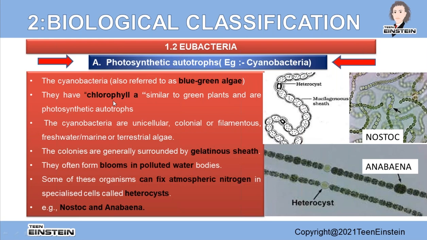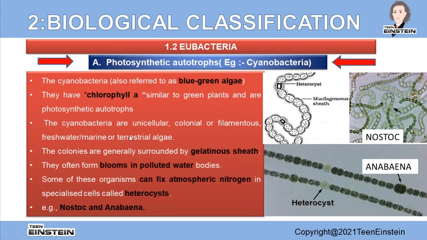They are photosynthetic and have chlorophyll A. The same chlorophyll is present in plants, helping in photosynthesis. The cyanobacteria are unicellular, but they are present in colonial or filamentous form.